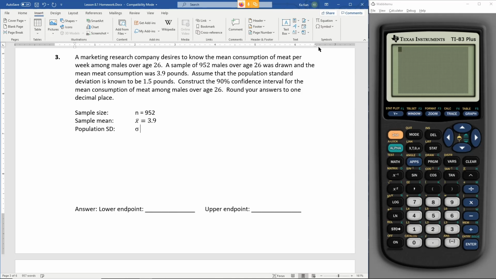I use the symbol so that you can pair that with the calculator. It's 1.5. That's what it says right here. And they want you to construct a 90% confidence interval. So the C level is 0.90.